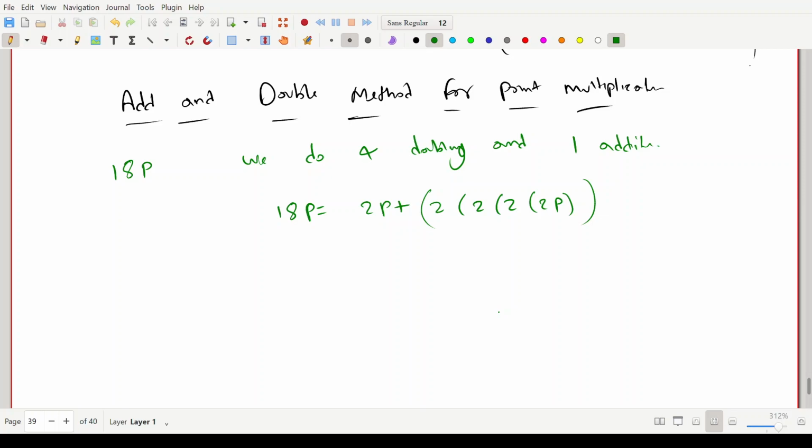First doubling is 2P, then whatever 2P I get, I double it, it will be 2 times 2P, then again I double it, and again. So I get 16P, then I add it with 2P, and I get 18P. So this is a multiple point multiplication, a number multiplied with the point P. This technique will be used later on in elliptic curve cryptography.